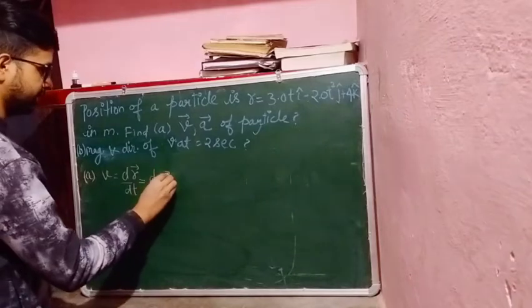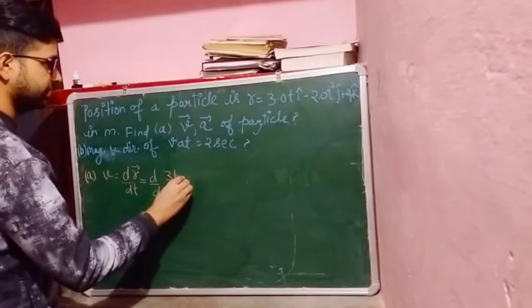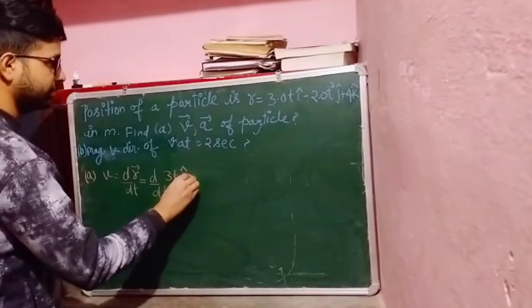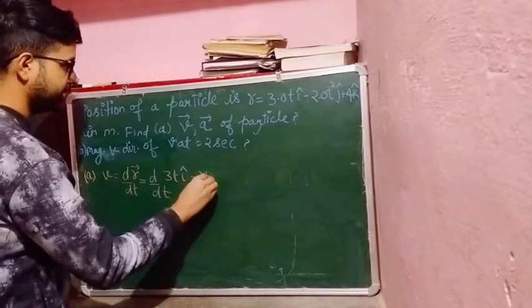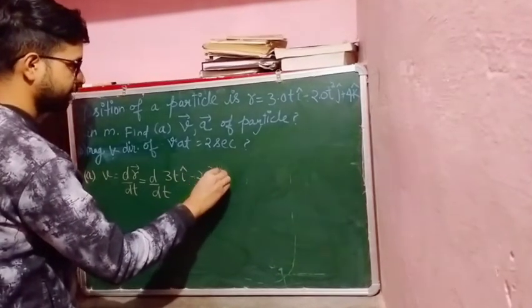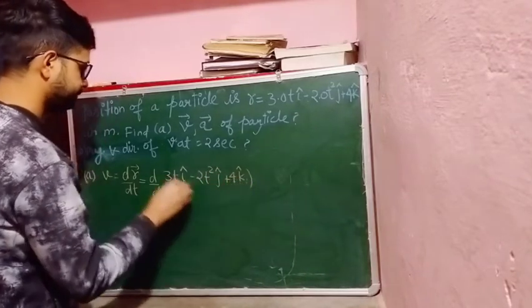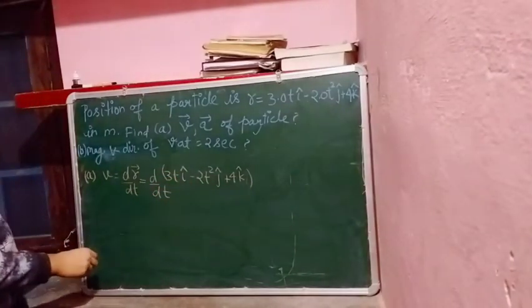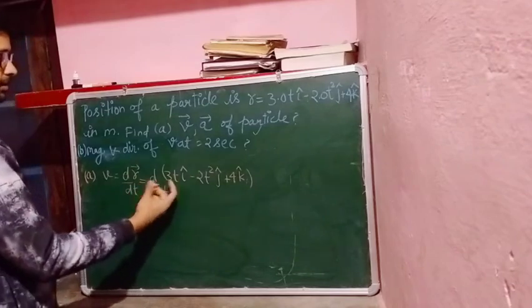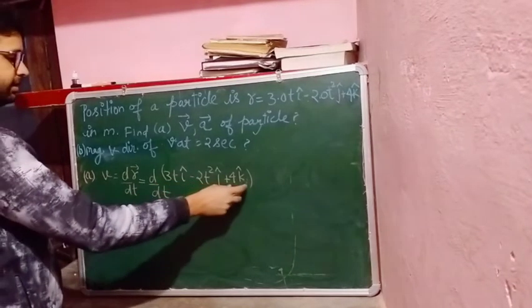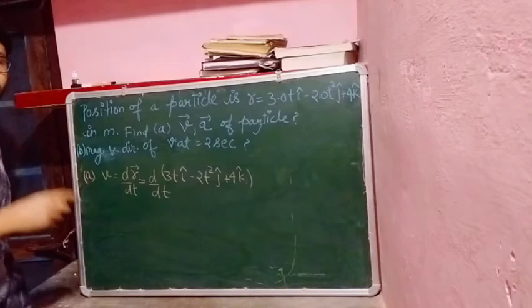So it gives 3t i cap minus 2t square j cap plus 4k cap. These are three terms, first, second and third. We will differentiate them individually.